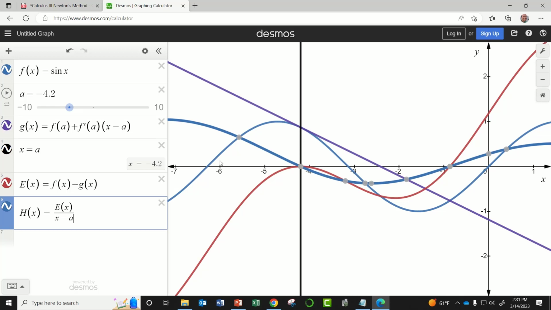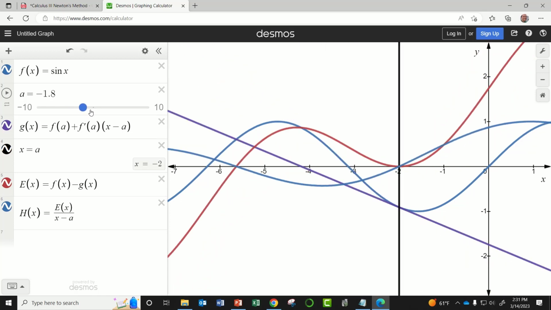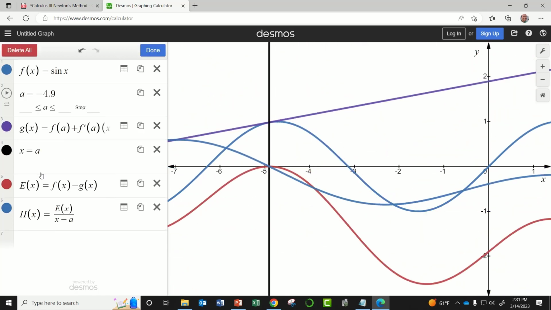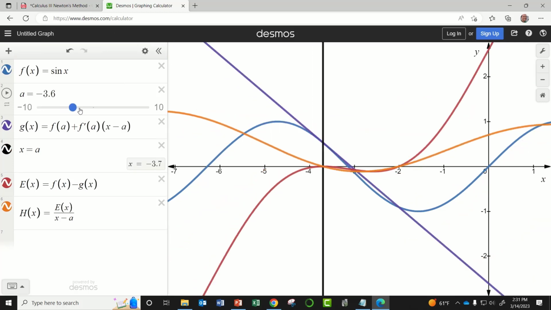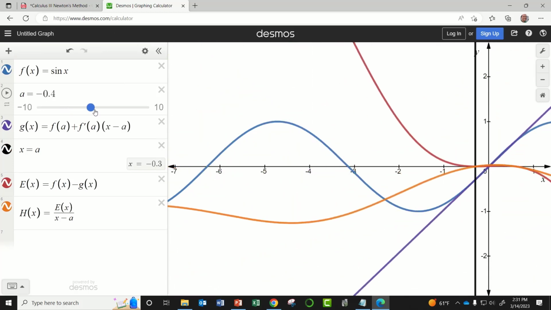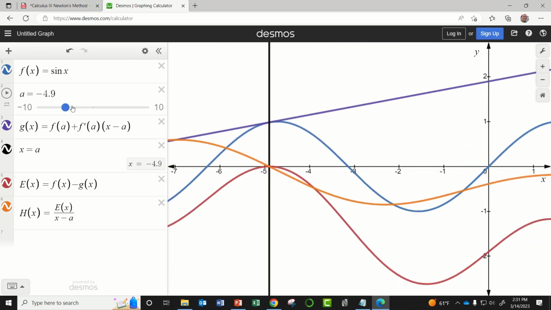And even in that case, where I divide this error term by x minus a, now what is now a blue curve, and maybe I should make it orange, even now that orange curve is always going to be 0 wherever that black line intersects the x-axis.